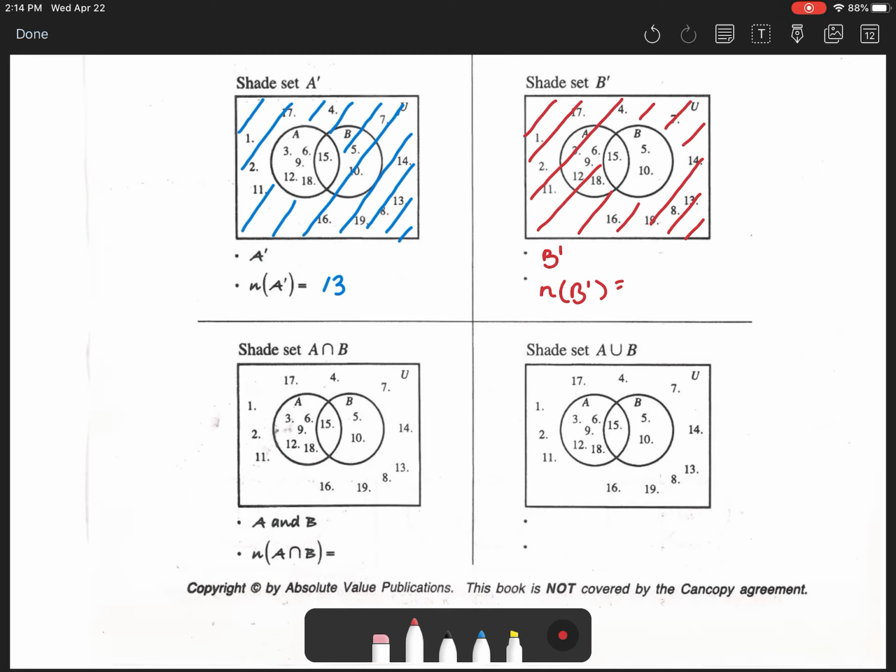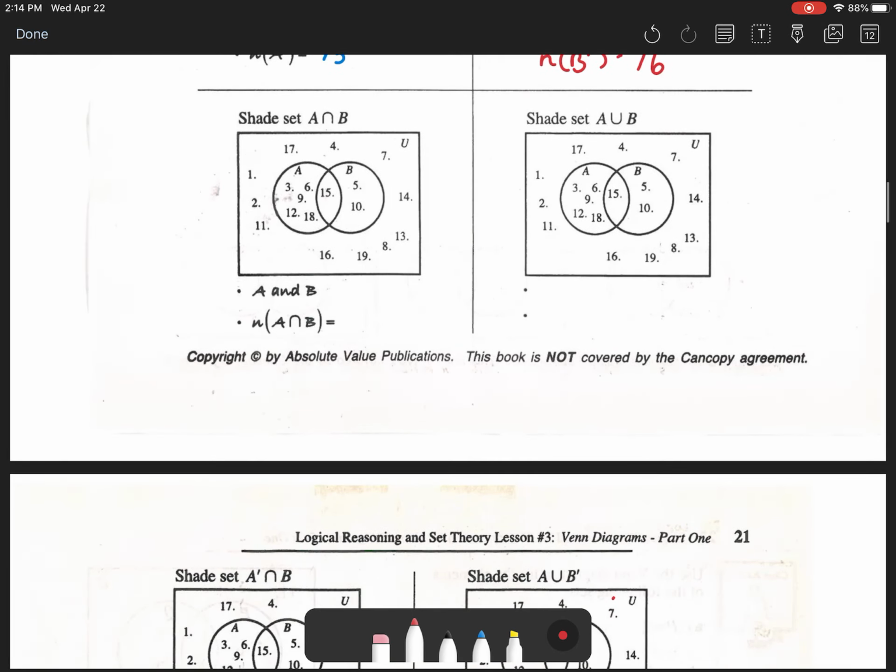Okay, that's what we are after there. So again, now when I count up those elements, 1, 2, 3, 4, 5, 6, 7, 8, 9, 10, 11, 12, 13, 14, 15, there are 16 elements that are not inside of circle B.